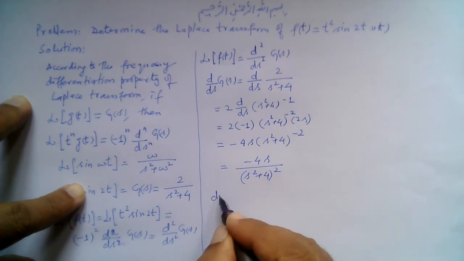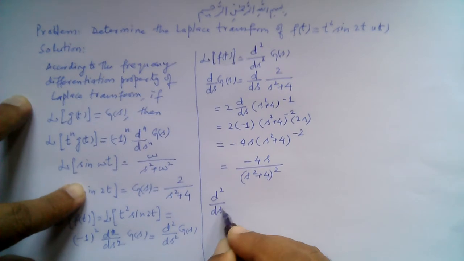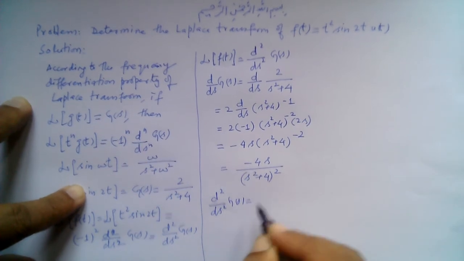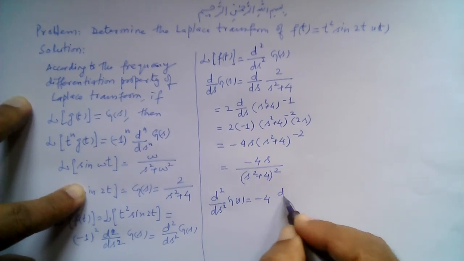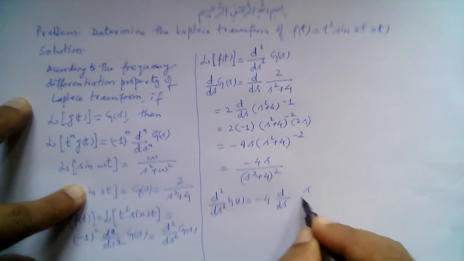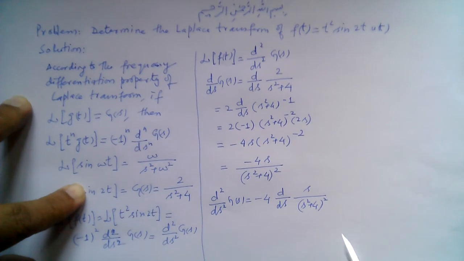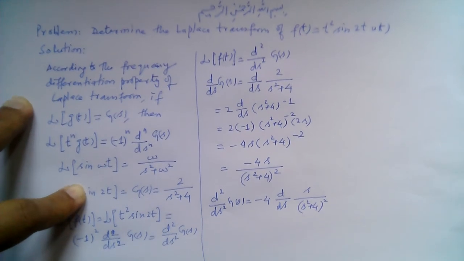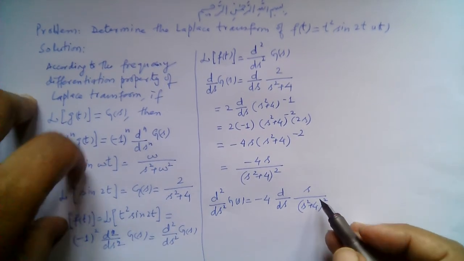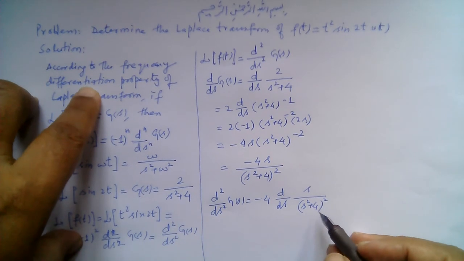So d²/ds² G(s) is equal to -4 d/ds of s over (s² + 4)². We have an s term in the numerator and an s term in the denominator.